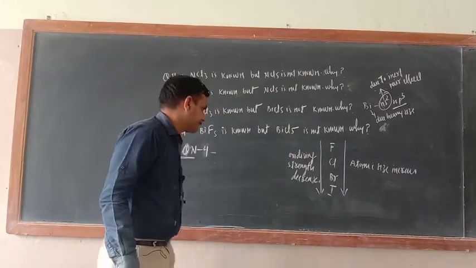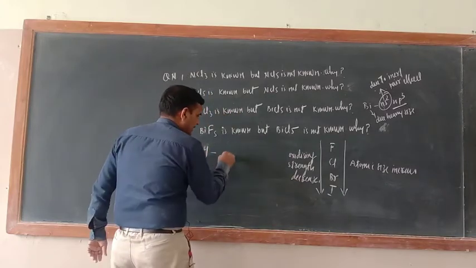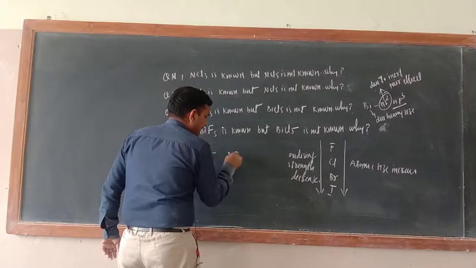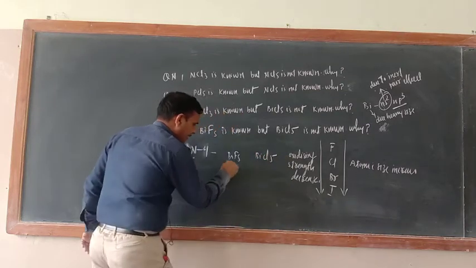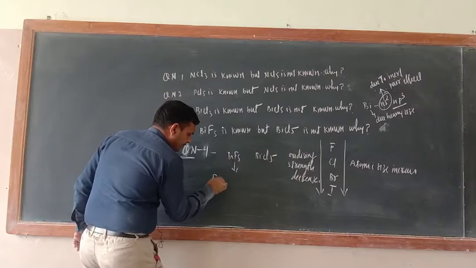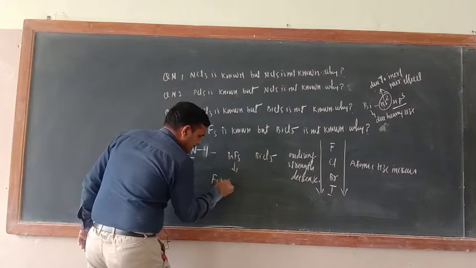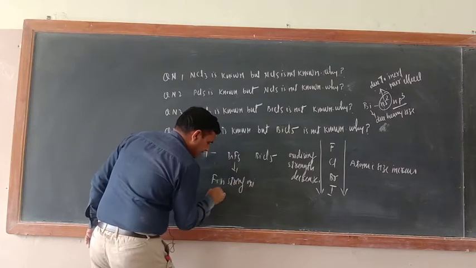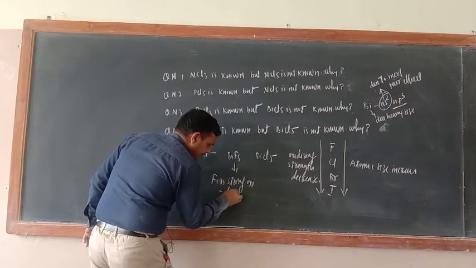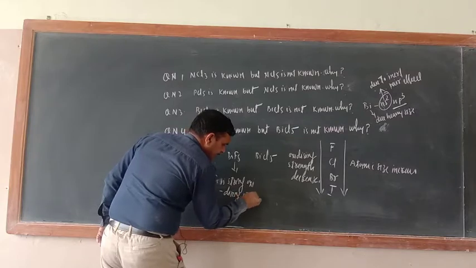Now just see. Now there is a comparison of BiF5 and BiCl5. So just see. Here F is a strong oxidizing agent.